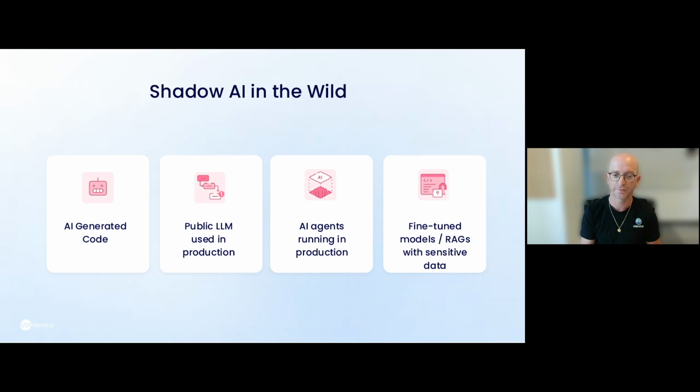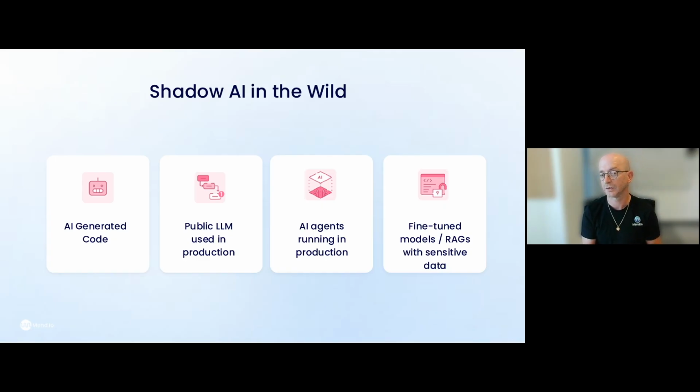and so on. We see AI agents that are embedded and running in production, and those AI agents can do multiple things. They can interact with the customers, they can interact with other agents, they can generate code dynamically, they can perform actions, and so forth.